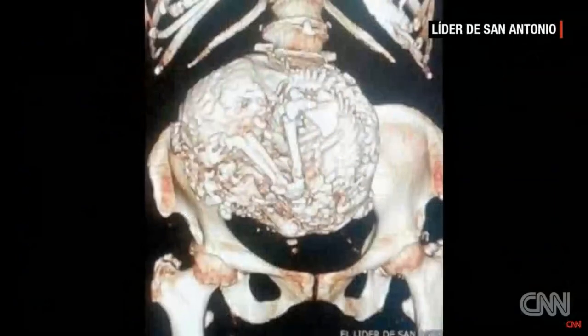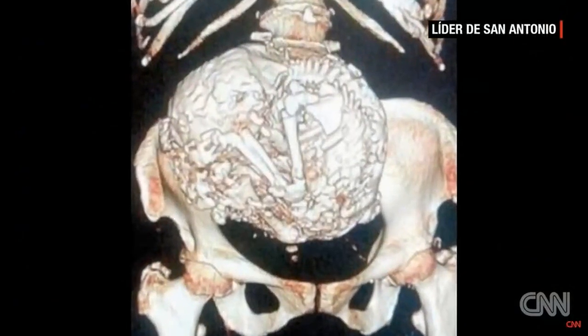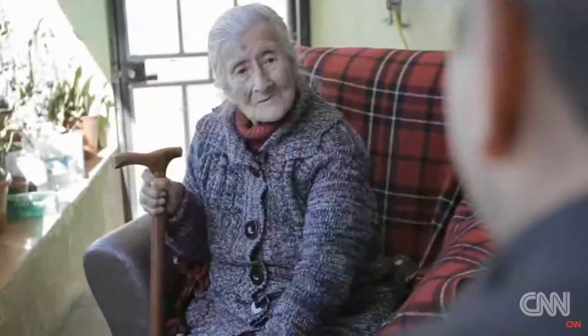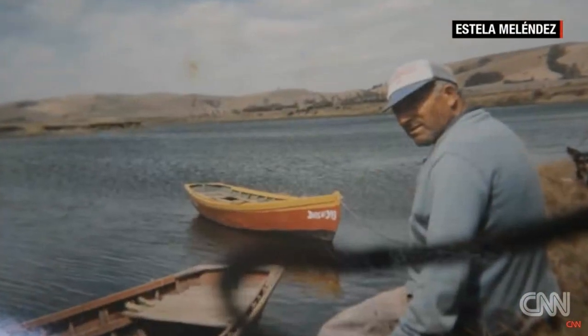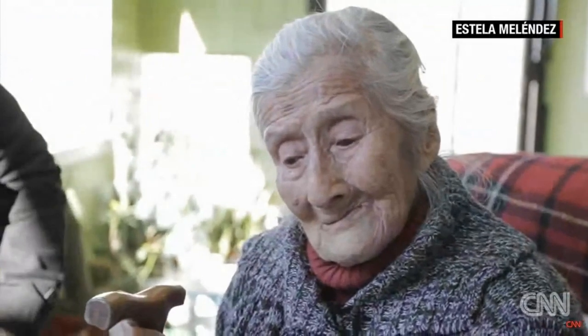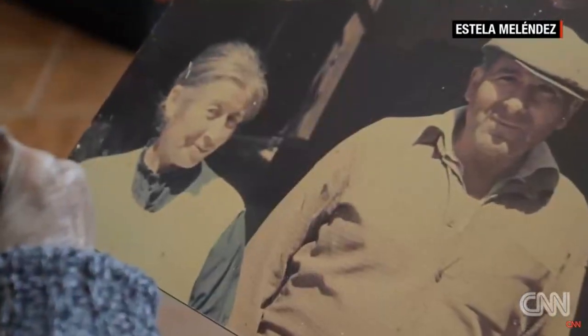Doctors here at the local clinic considered surgery at first to remove the fetus, but later determined that, in this case, operating on a 91-year-old patient was riskier than doing nothing at all. Doctors say the fetus is calcified and poses no risk. Melendez says it hurts sometimes, but more often than not, it's just an uncomfortable lump. On a deeper level, she says, the lump in her belly reminds her of her recently departed husband and their unfulfilled dream of having a child all those years ago. Rafael Romo, CNN, La Boca, Chile.